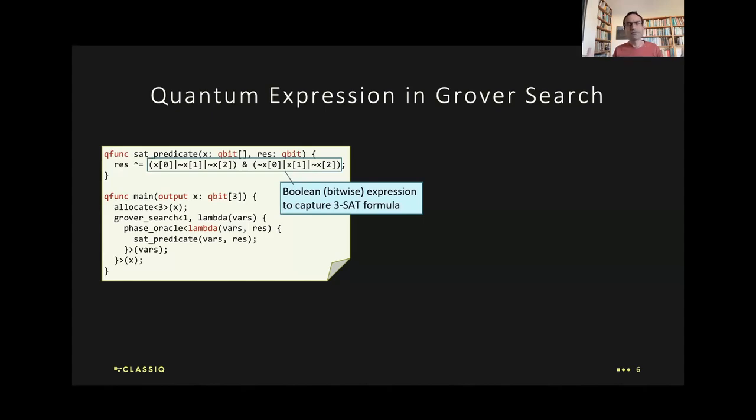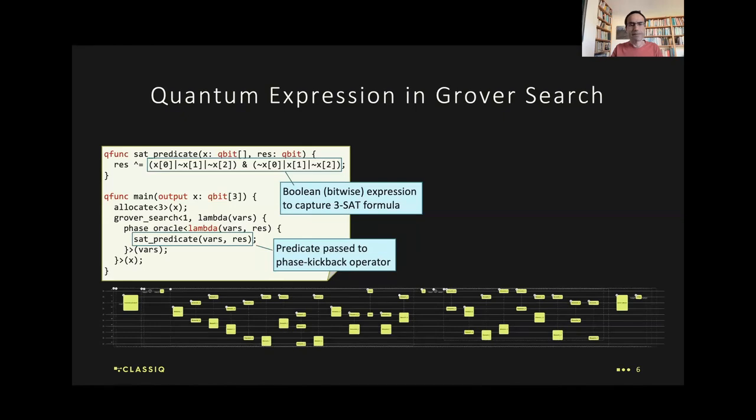So I'm searching for a bit string that would satisfy this formula, and this is generally an NP-complete problem, right? Of course this is a toy example, but all I need to do is express my 3-SAT formula, my logical formula, directly in terms of the variables, and then feed it into the phase oracle, and then I don't need to worry about the details of how it's implemented.